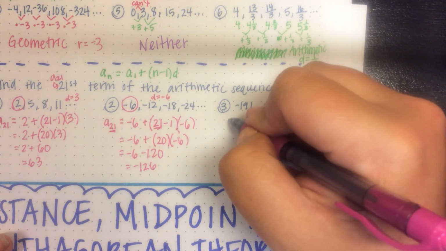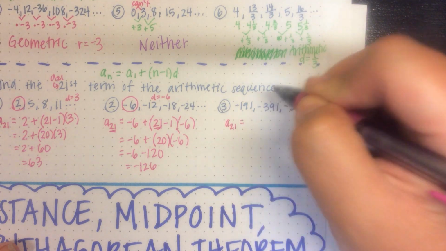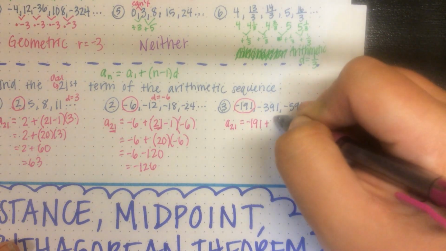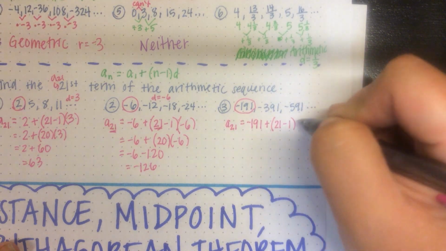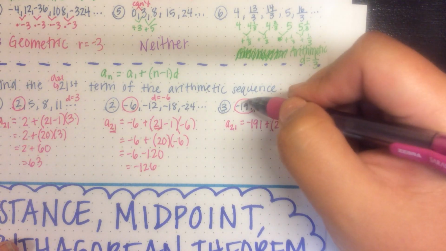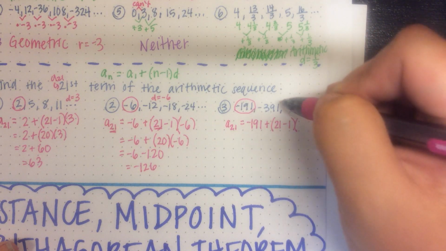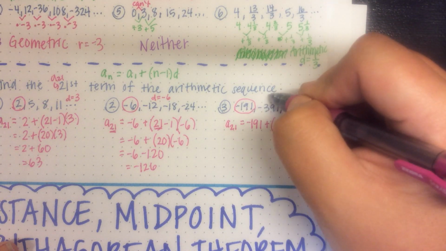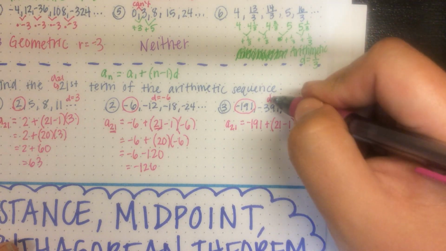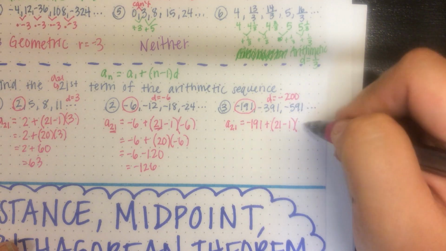All right, one more. Our 21st term is our first term plus n minus 1 times our common difference. So my common difference, to go from negative 191 to negative 391, I'm getting more negative, so I'm subtracting, I have a negative common difference, and that's going to be a negative 200.